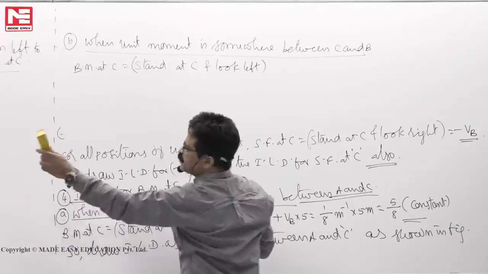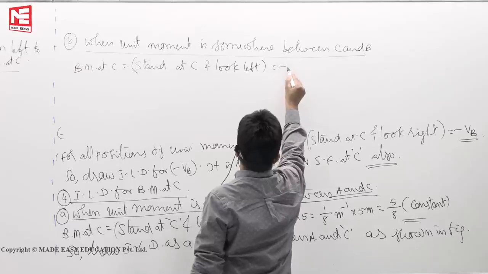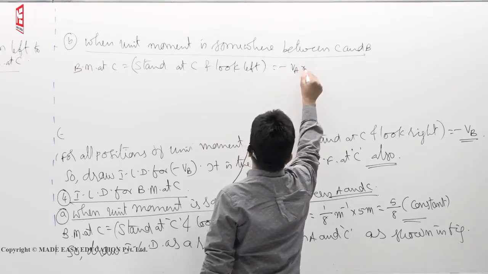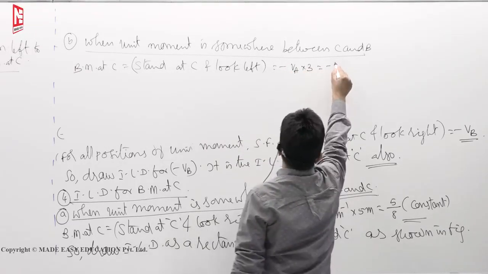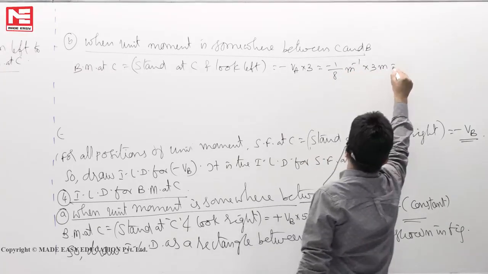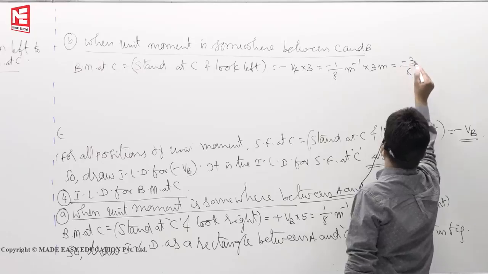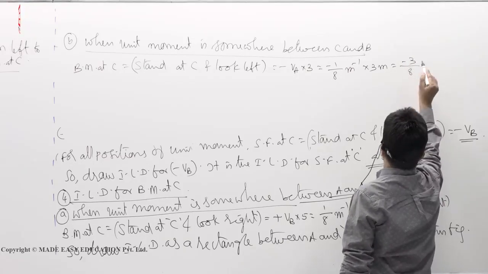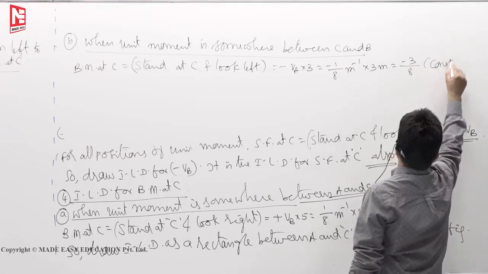Now when you stand at C and look left, there is only one downward force, minus VA into 3. So minus 1 by 8 meter power minus 1 into 3 meters. So you will get minus 3 by 8, and minus 3 by 8 is constant.